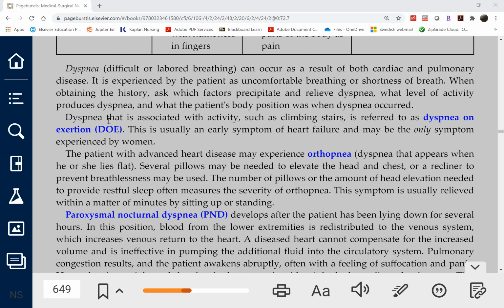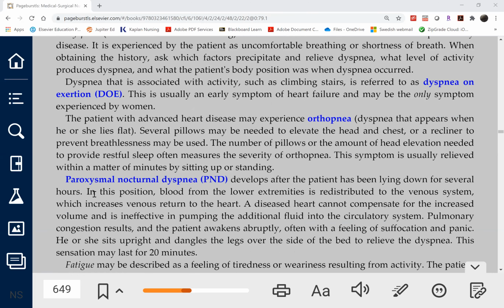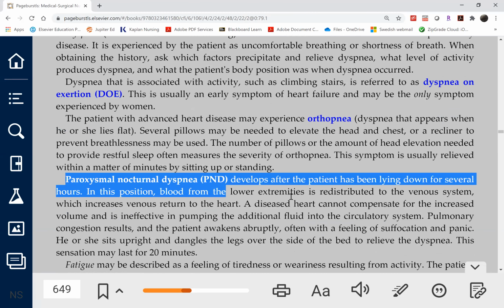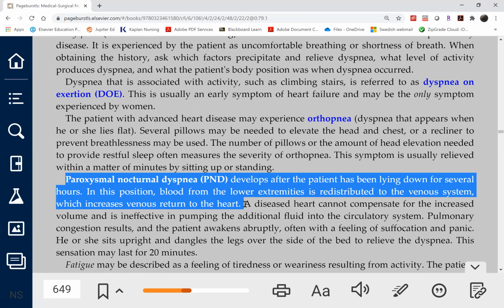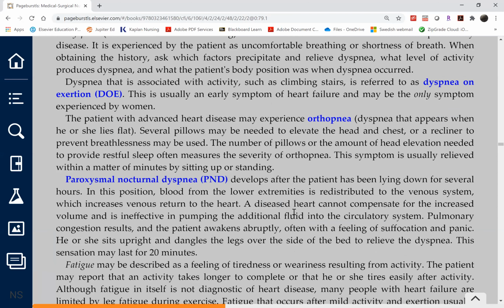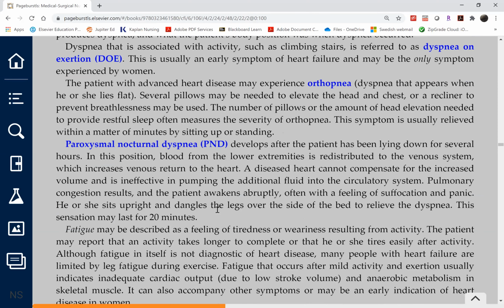And then finally, which is almost exclusive to heart disease, is what we call paroxysmal nocturnal dyspnea. We'll explain later how this develops when we get to chapter 35, although it's also explained here. This is dyspnea that wakes you up in the middle of the night. If you read the pathophysiology of how this forms, well, it's a long story.